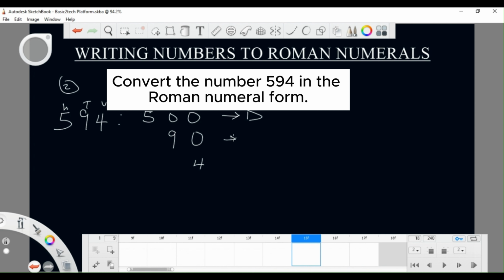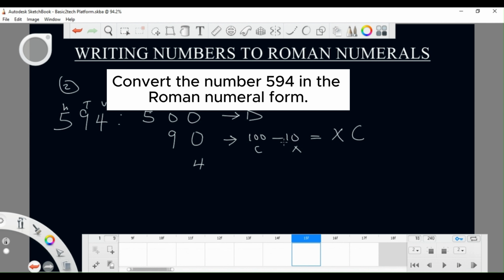Now for 90, we subtract 10 from 100. That means we have 100 minus 10, and 10 is X, 100 is C. The small number comes first, so we have XC.